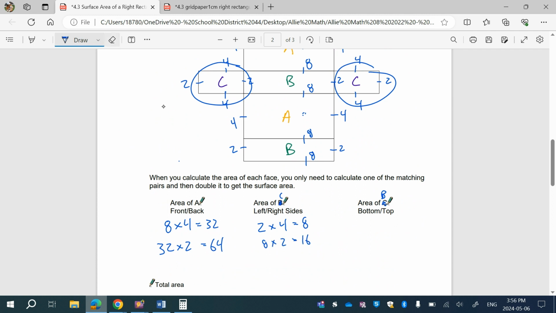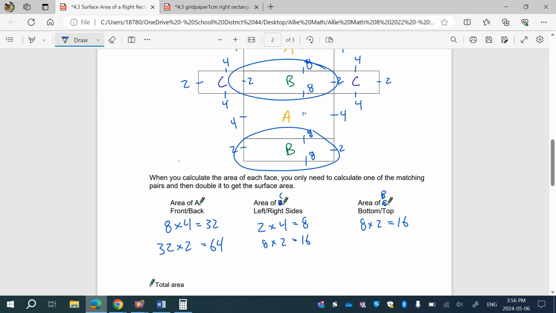And our last one, our B's, the top and the bottom, looks like it's 8 times 2. So 8 times 2 equals 16. And because we have this one and this one, we got to go 16 times 2, which gives us 32.